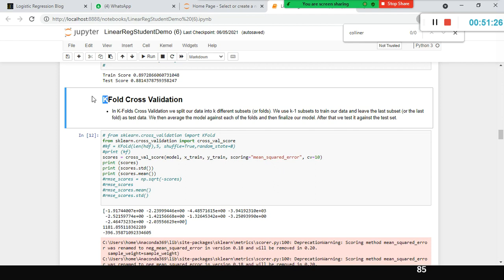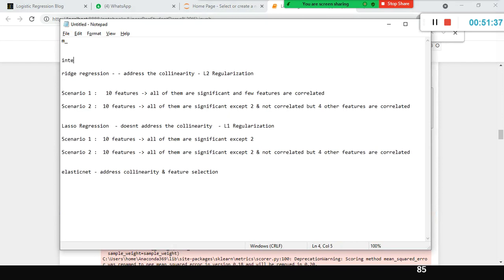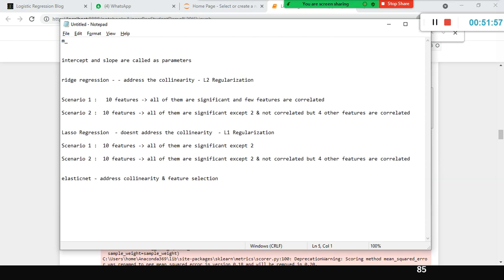The beta naught, intercept and slope are also called parameters.